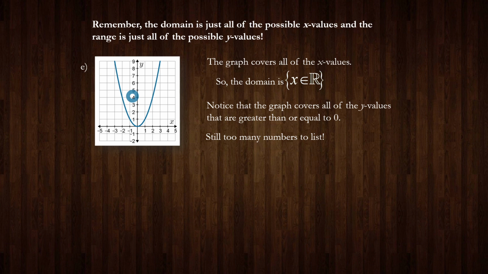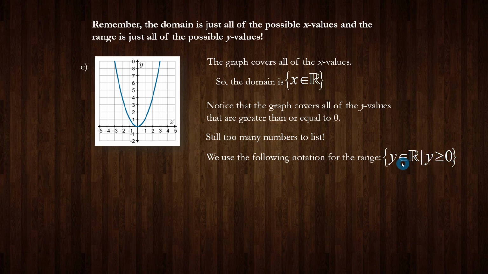Keep in mind, it's still too many to list. You can't actually list them, so we have to use our fancy notation. Take a look at this. Squiggly brackets, because we are talking about a set of numbers. y is an element of the real numbers. That really just says we're talking about y values that are real numbers, and we have a lot of them. But this line means such that we only want y values that are greater than or equal to 0.